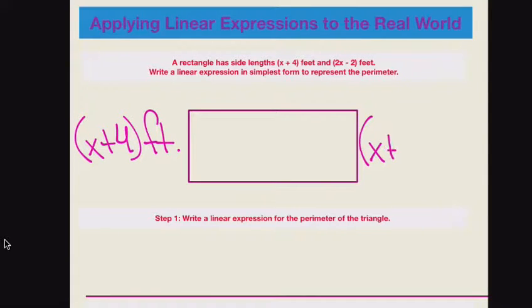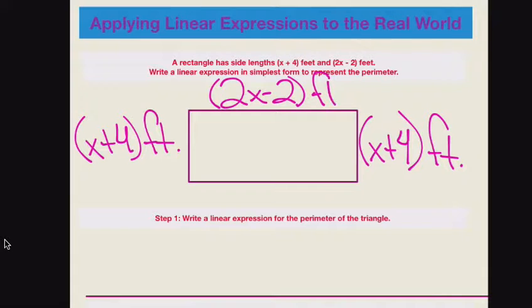And remember, with a rectangle, opposite sides are equal or congruent to each other. I'm going to label each of these sides 2x minus 2 feet and 2x minus 2 feet.